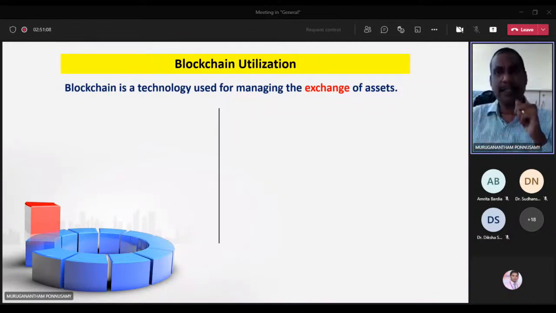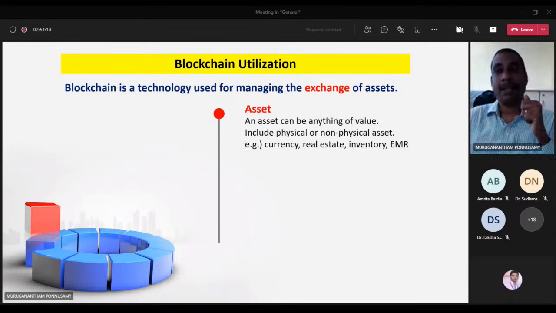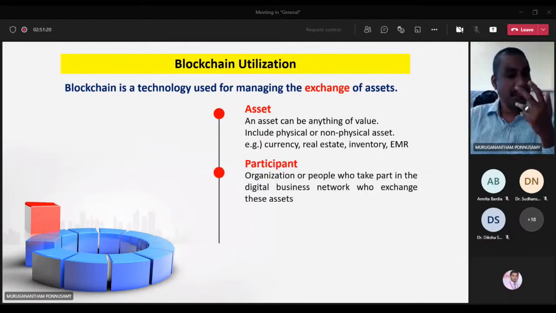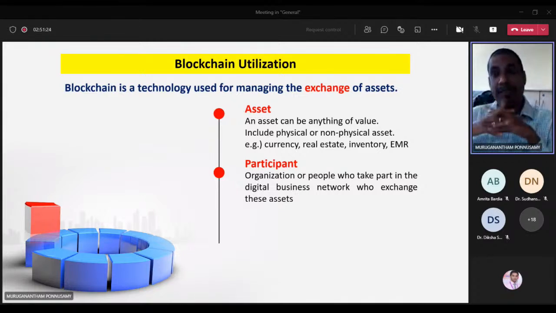For example, since we are having the topic of finance, currency, as on the date the peak level real estate, inventory, and the most important thing, electronic medical records. We used to say EMR.